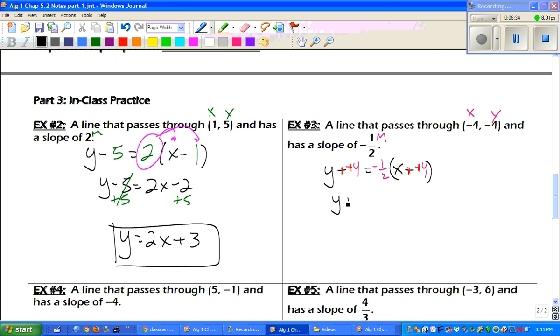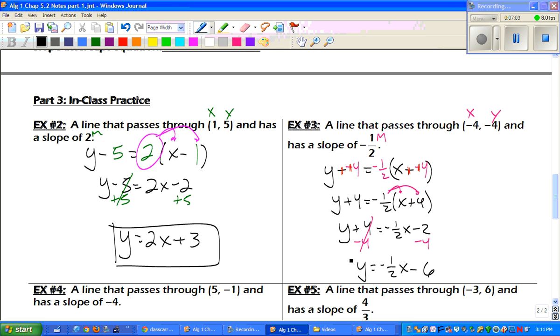So that's really saying y plus 4 equals negative 1/2 x plus 4. Now that it's all simplified, we can continue on where we distribute the negative 1/2. Don't forget that that's a negative sign right there. Solve for y, get the y by itself, and you get y equals negative 1/2 x minus 6.